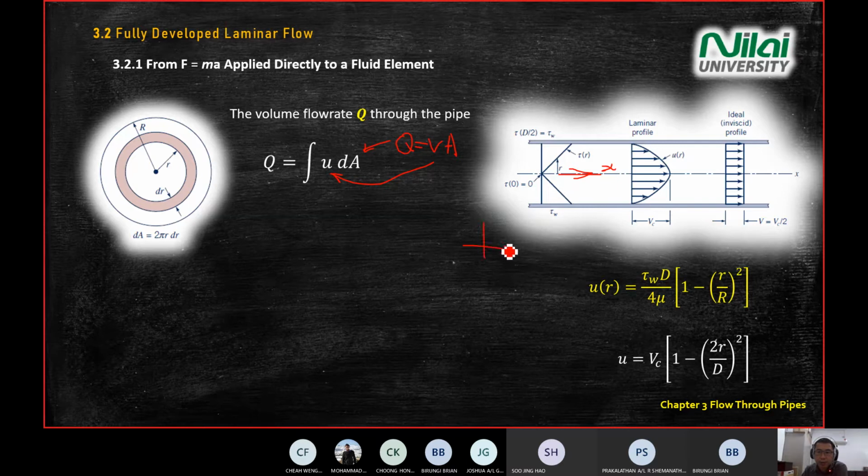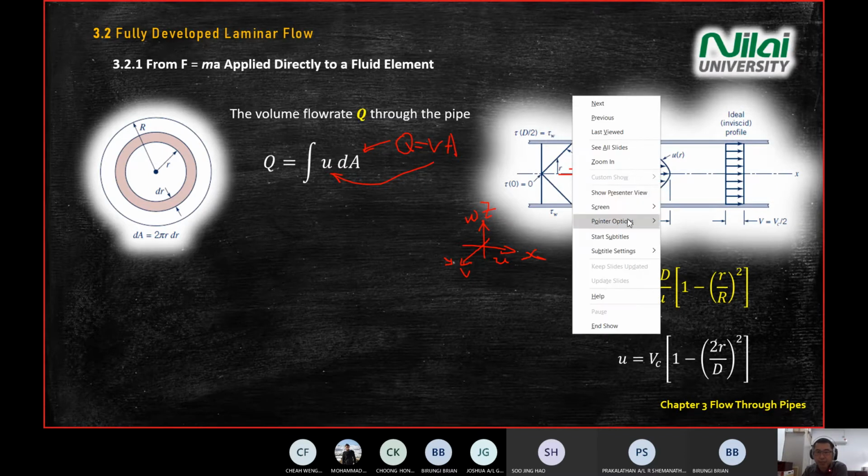Recall your vector form: all the velocity to x is u, to y is v, and to z is w. So when we develop the equation, we need to be careful about the velocity vector. In this case, we use a small u to represent the velocity along the x-axis.